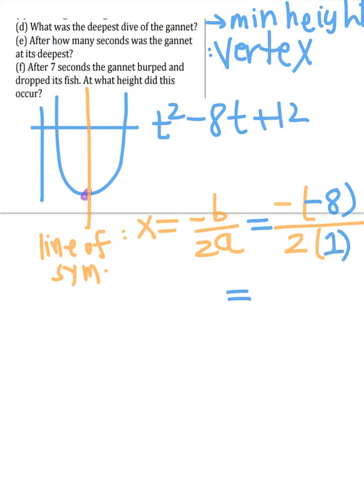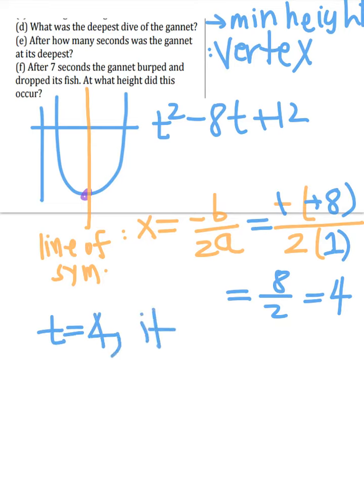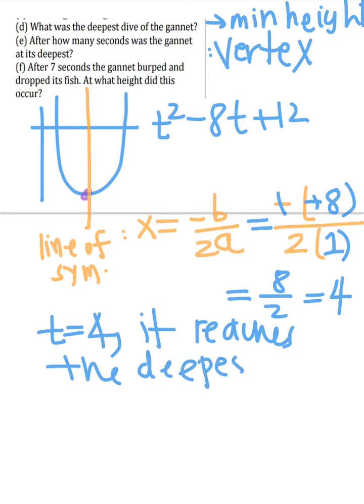So negative times negative becomes positive, 8 over 2, 4. So it's saying at time 4, it reaches the deepest, right?